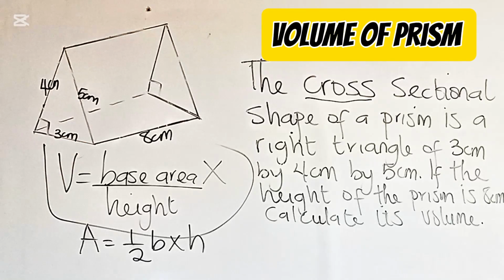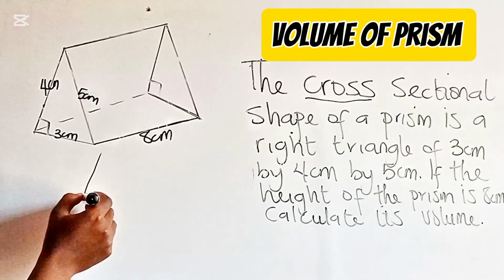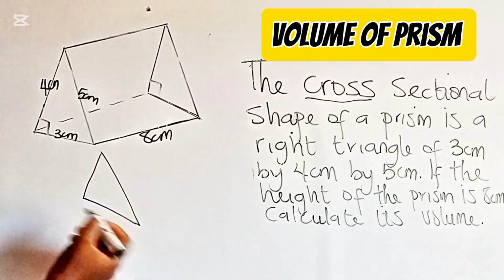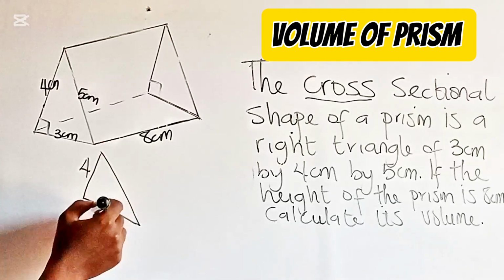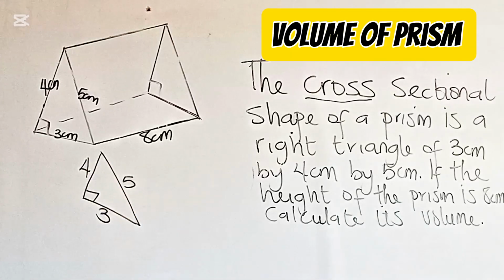Now, the base of this triangle, if you look closely, let me bring out our diagram. If this is our triangle, here is 4, we have 3, and we have 5, and this is a right triangle.